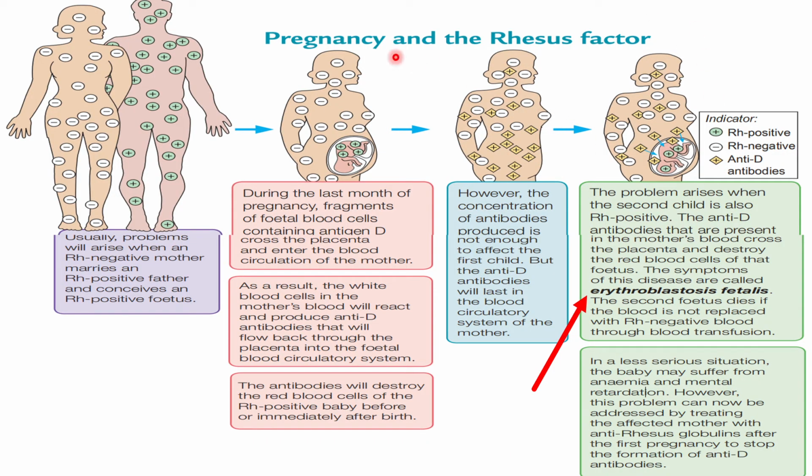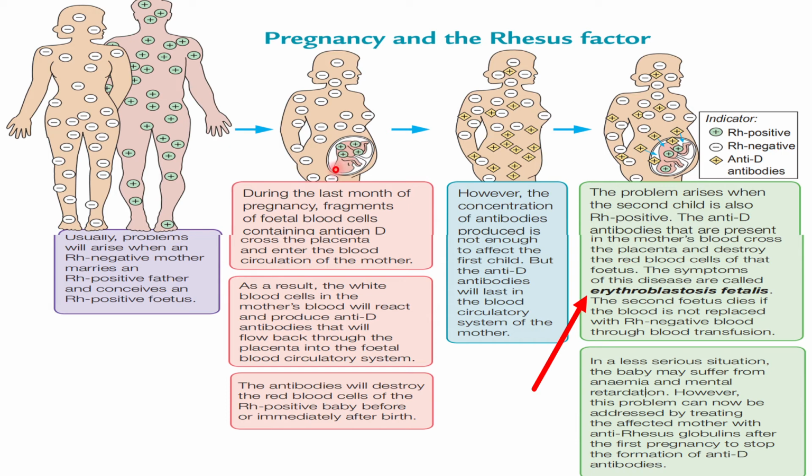Let's look at the example. This is the common one, erythroblastosis fetalis. Usually problems will arise when the mother is rhesus negative, marries a father who is rhesus positive, and conceives an Rh positive fetus.